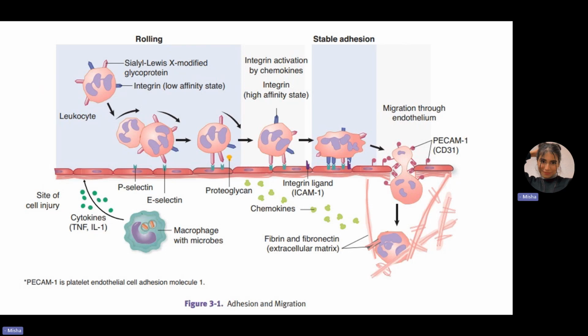The next step, the fourth step that we can see over here, is transmigration or chemotaxis. So neutrophils will squeeze, or we say diapedesis, through post capillary venules. Always remember all of these processes are occurring within the post capillary venules, not in the capillaries themselves. So they move into the interstitium.